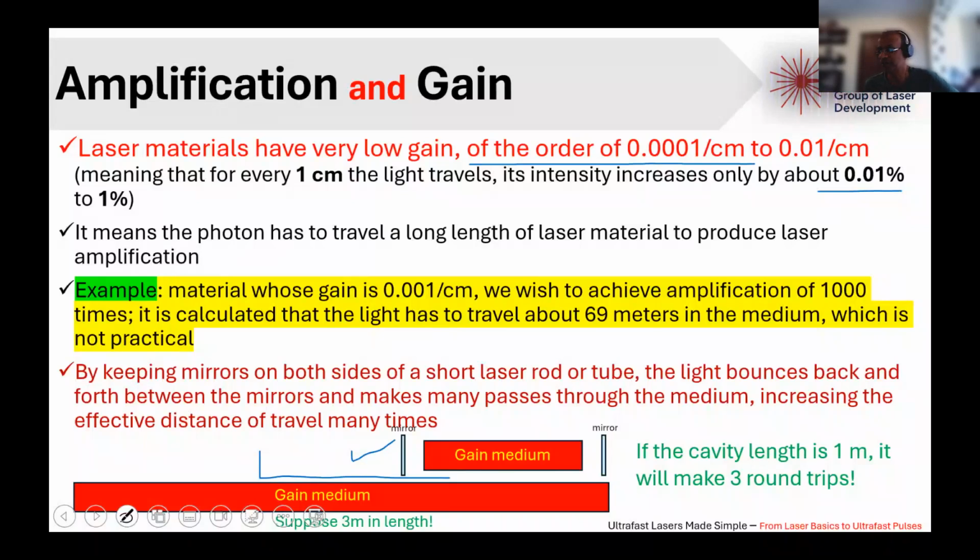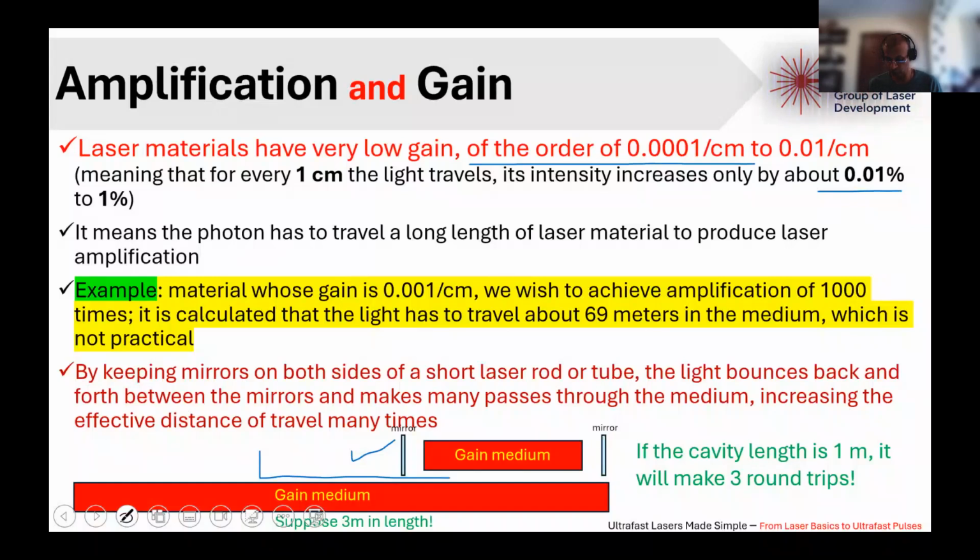This thing is impractical, it's not practical, to have a very long gain medium, meters, so that the photons are multiplying and again we may expect that the gain will be increasing. The other possibility is to use the mirrors.